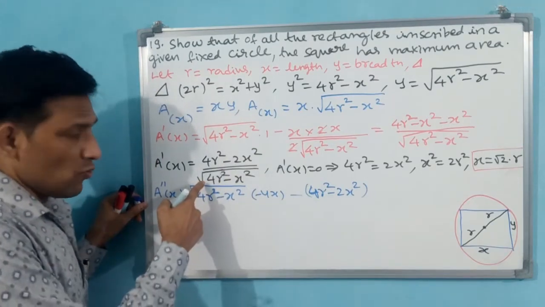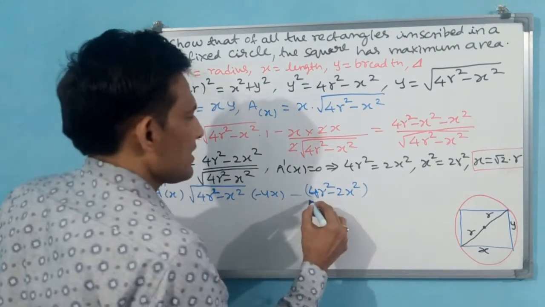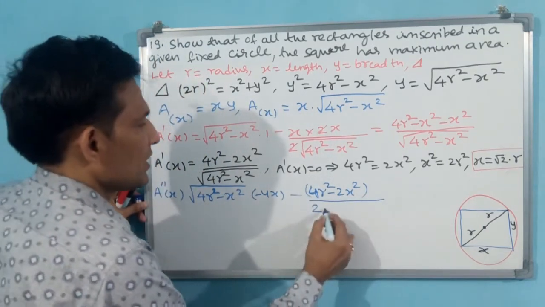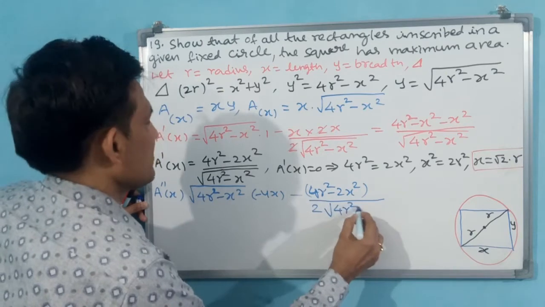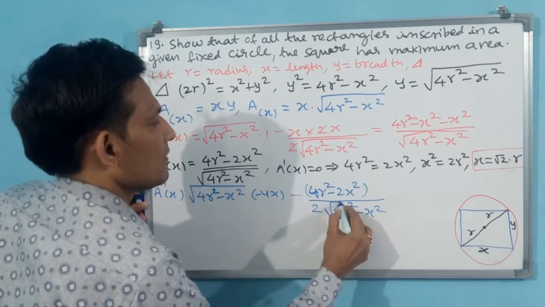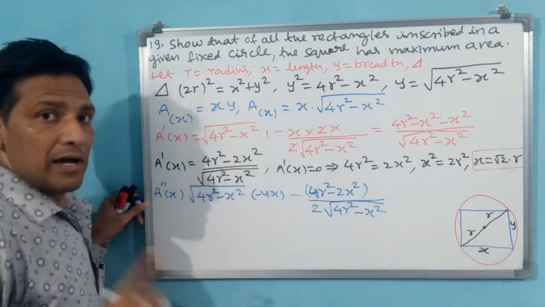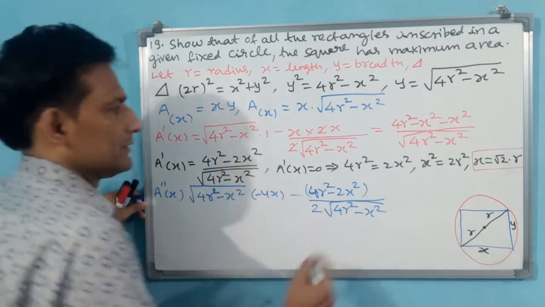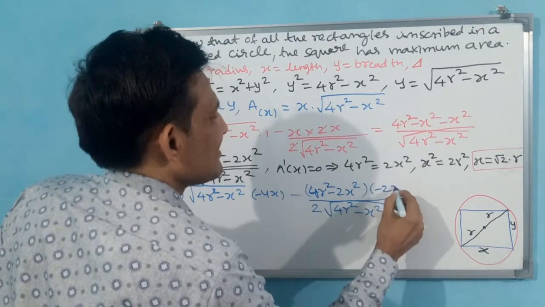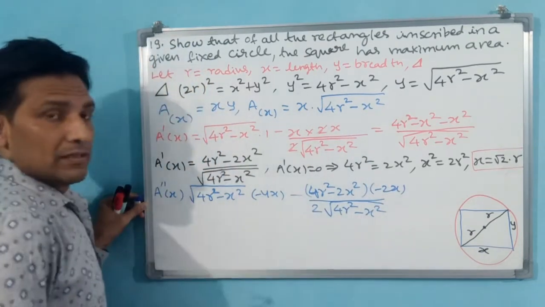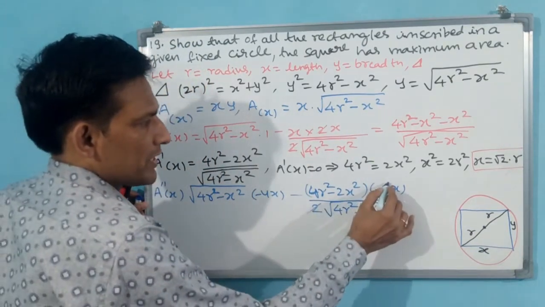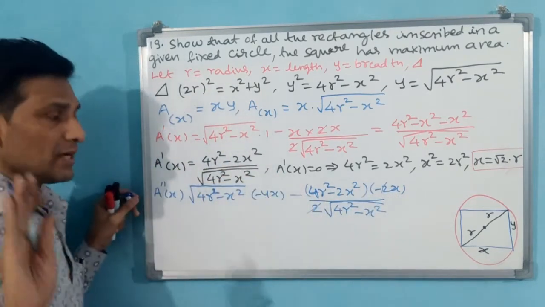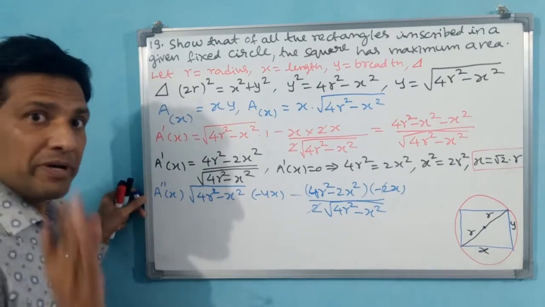Root x is there, so you see what will come here: 2 root 4r square minus x square, and again the inside derivative, minus 2x. But you see, these two are going to get cancelled. We will see afterwards. Here also minus plus is going to become different, divided by v square.